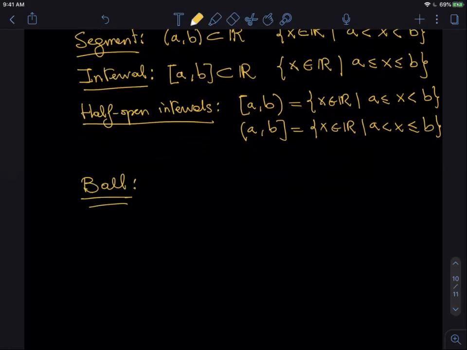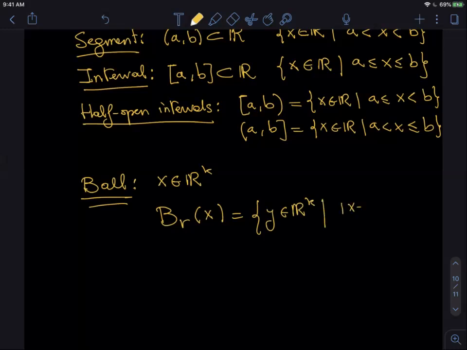So what is a ball? In this case, we are working in R^k, and the ball of radius r centered around x is the set of points y in R^k such that the modulus of x minus y is strictly less than r.